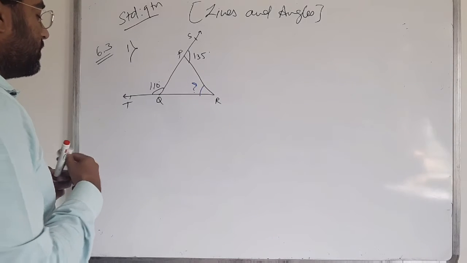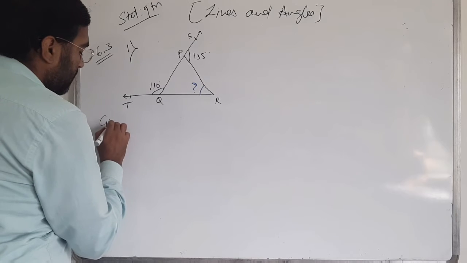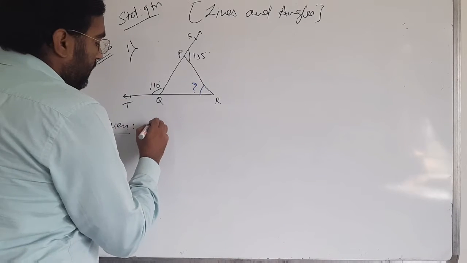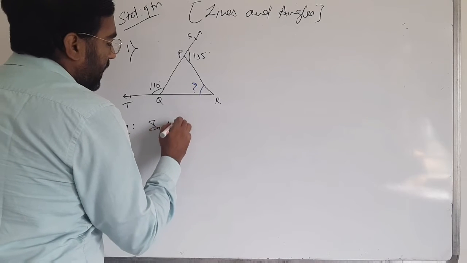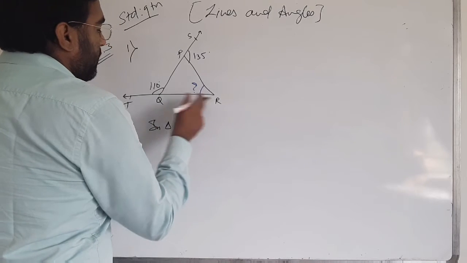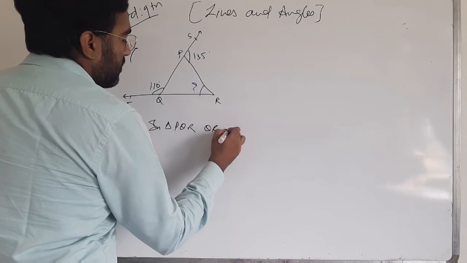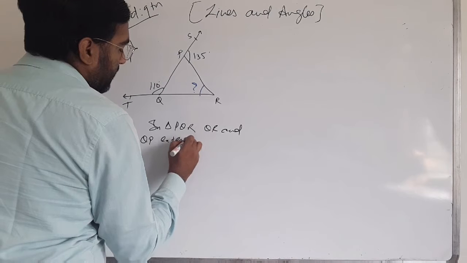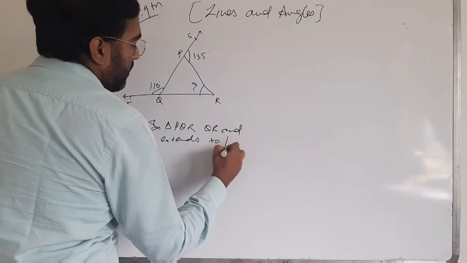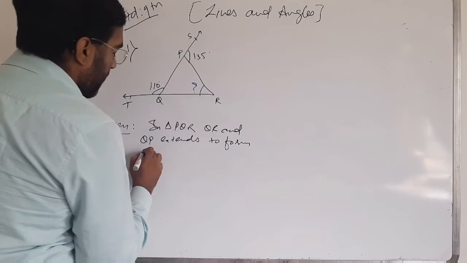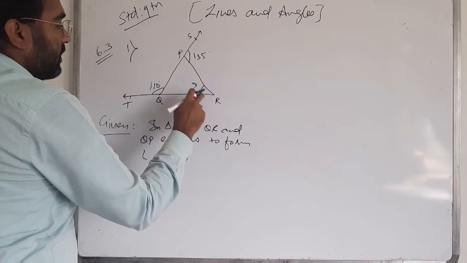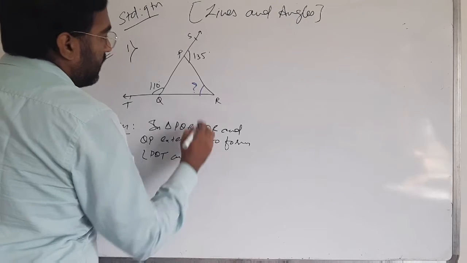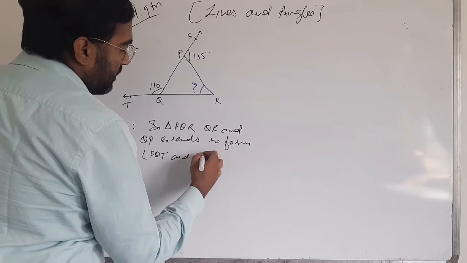So from the question we should write, given, in triangle PQR, RQ and QP are extended to form angle PQT and angle RPS.